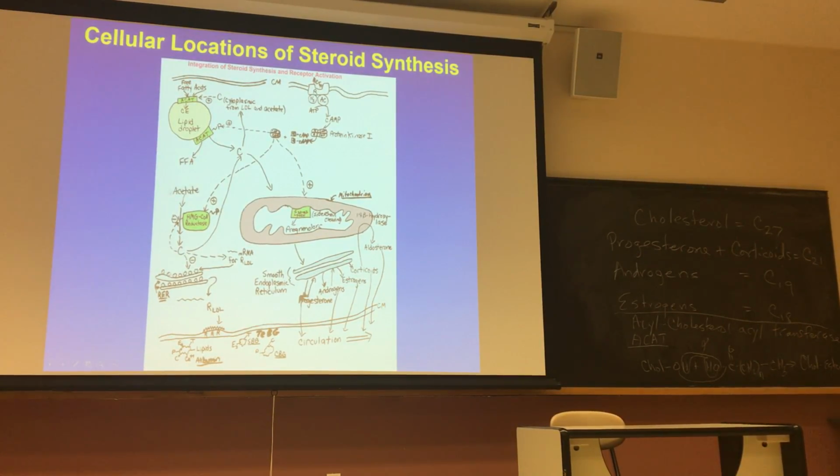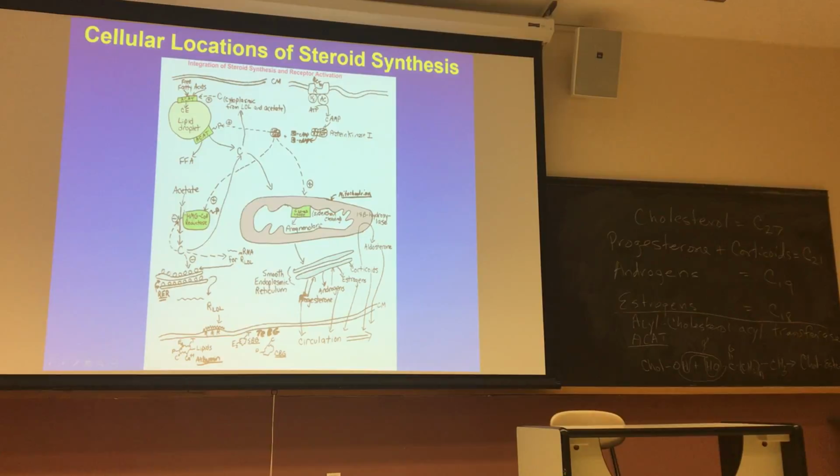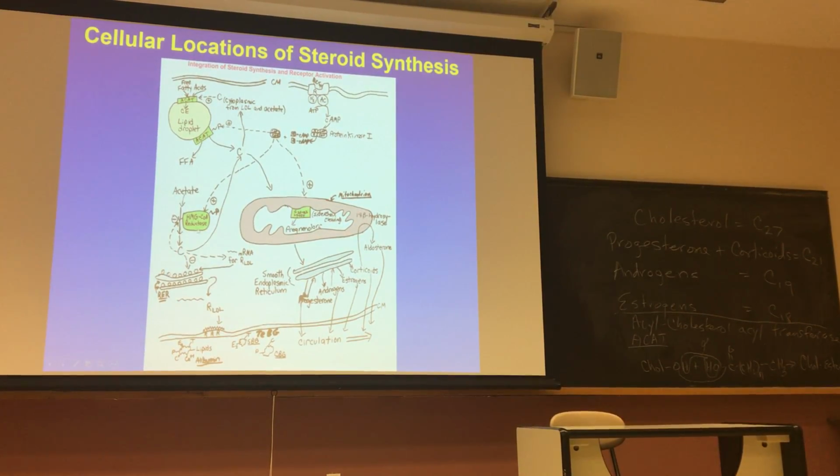And the de novo synthesis starts with acetate, actually acetyl-CoA, which may come from glucose metabolism. And it goes through a cascade of a series of enzymes. The rate-limiting enzyme in that cascade is one called HMG-CoA reductase.